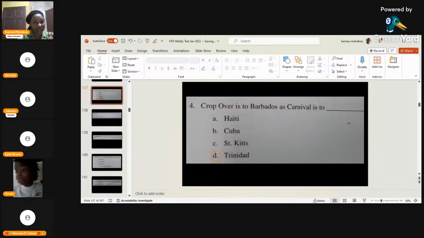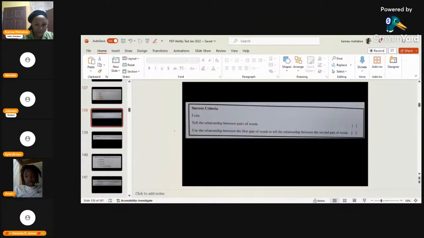That's not the first place carnival originated globally, but in the Caribbean region we tend to associate it with Trinidad. The other islands have taken on to it and it has now spread. Even here in Jamaica we have our carnival. We never used to have it years ago, but it's become very popular now in many other islands.